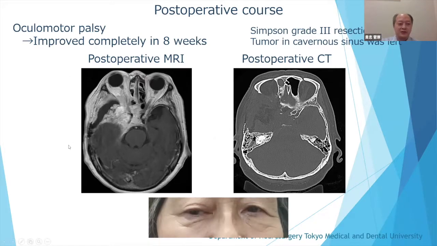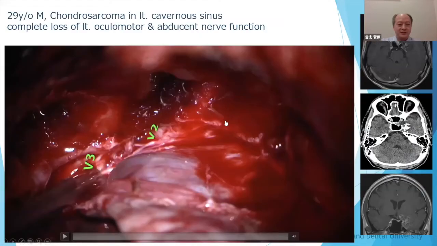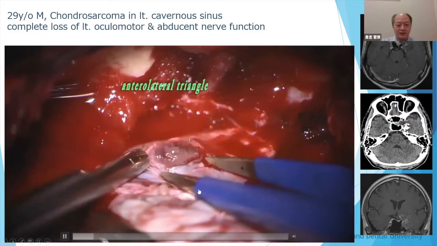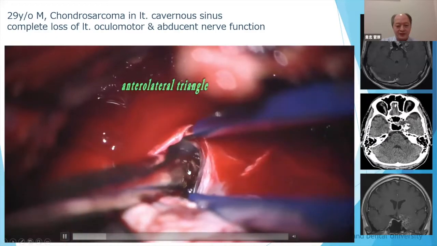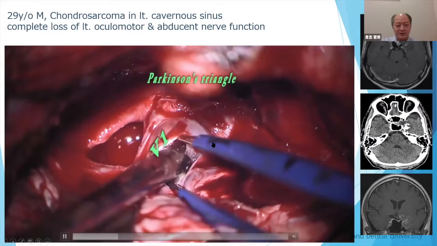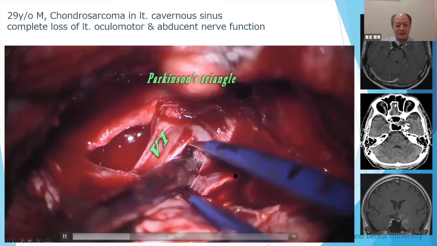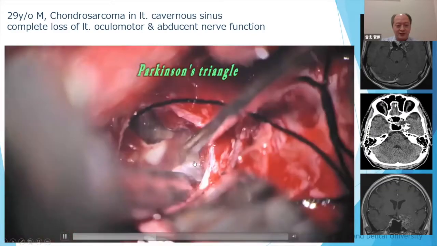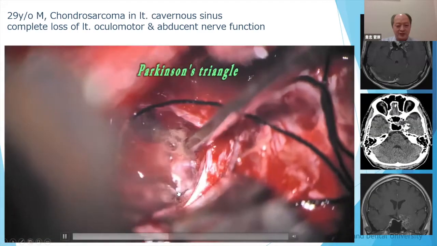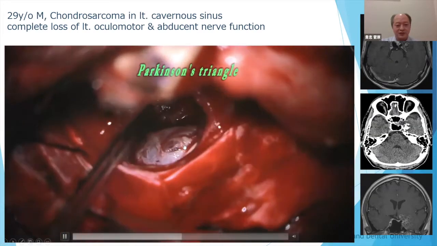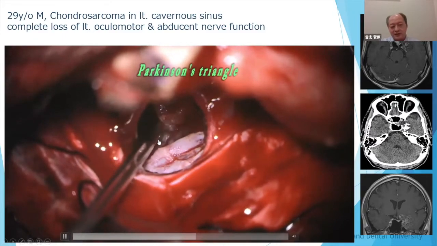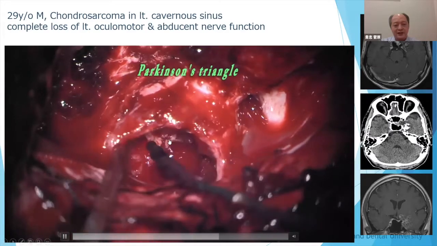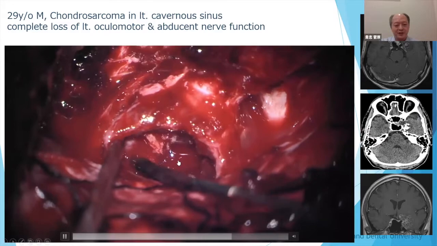the function was recovered. And this was a left chondrosarcoma case, and we open the anterolateral triangle here and remove the tumor through the Parkinson triangle and anterolateral triangle. Here's also the Parkinson triangle, and remove this tumor. Here is the McCarty, and this is the posterior fossa. And check the ICA by the Doppler.